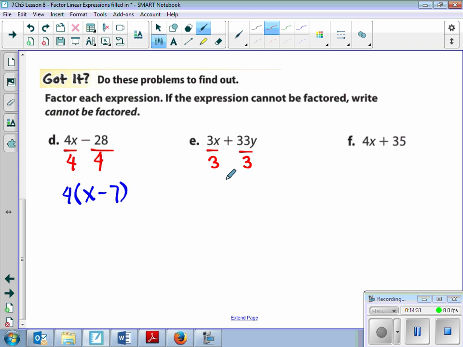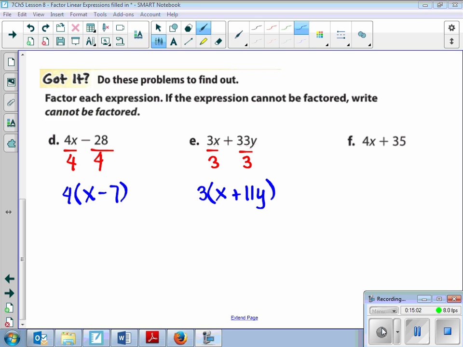And that 3 is going to go on the outside of the parentheses, and what is left over after we divide goes on the inside of the parentheses. So 3x divided by 3 is x, and then a positive 33y divided by 3 gives me a positive 11y. Very good. And there is your factored form.